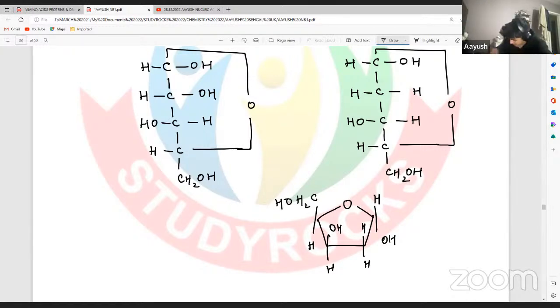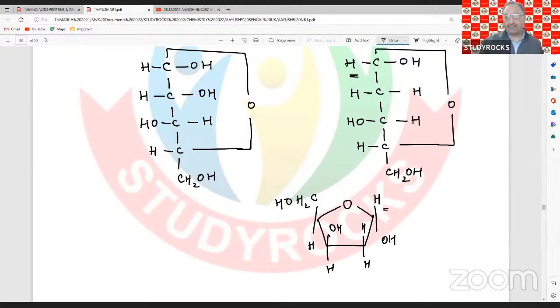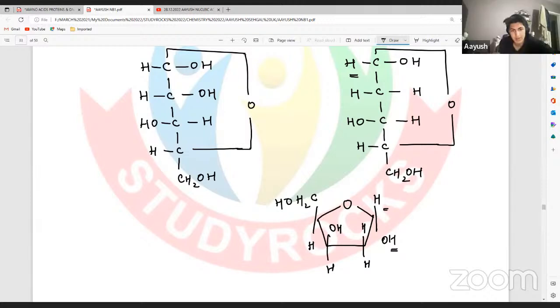Are you able to draw it on your own? You said the left-hand side is H, on the top. OH below. You know that first carbon, you can have OH on right-hand side as well as on left-hand side, as in glucose, alpha and beta forms. Oh, okay, so both possibilities exist. So I have taken one.